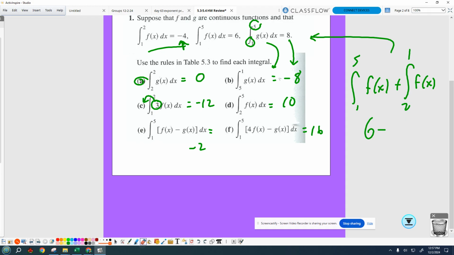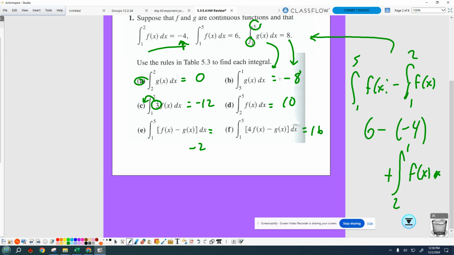What you said? You said subtract this. Yeah. And the way I do it, which was why I was messing up, was I flipped the bounds and changed that to an add, so it became 6 plus 4.